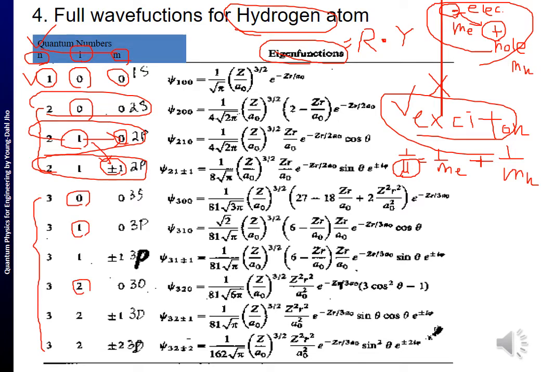Right? When L is 1, M could be 0 or plus minus 1. When L is 2, M could be 0 or plus minus 1 or plus minus 2. Okay? So how many states are here? 1, 2, 4, 5, and then 6, then 8.